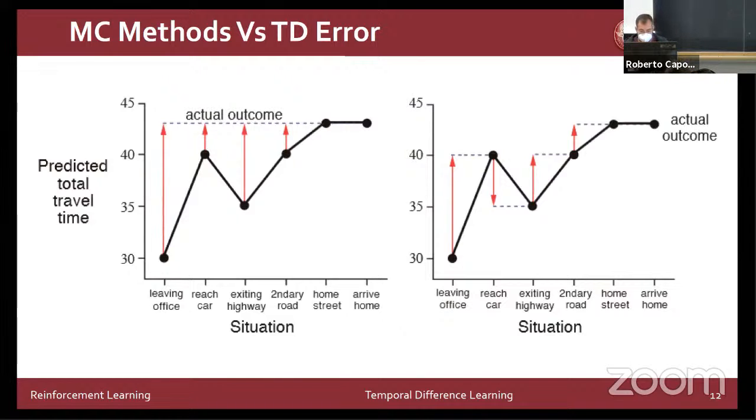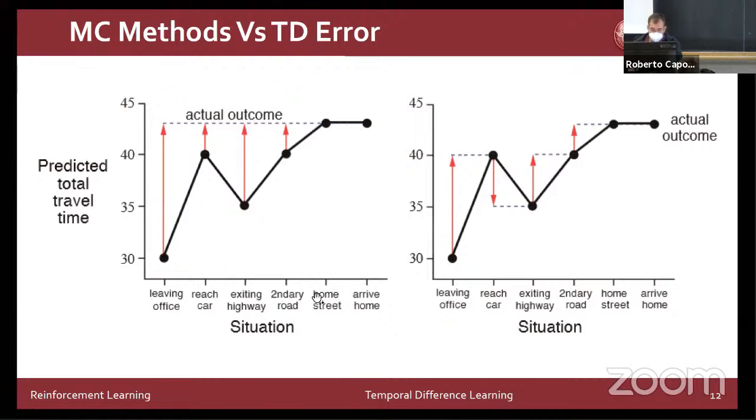So let me show you one further example to understand what is happening. Let's say that these are a bunch of states. We are leaving the office, reaching the car, exiting the highway, going on a secondary road, arriving in the home street and arriving home.